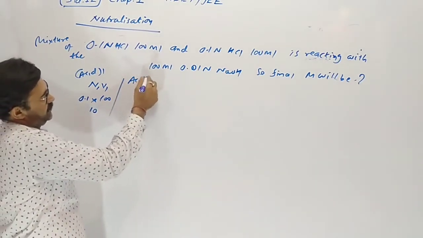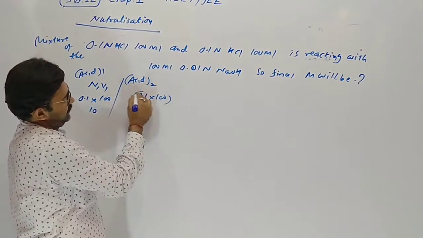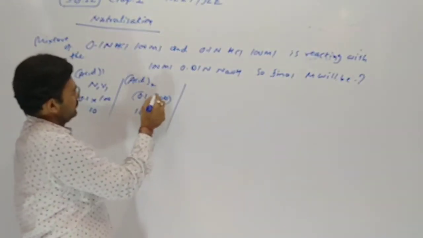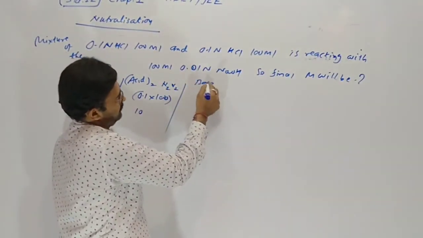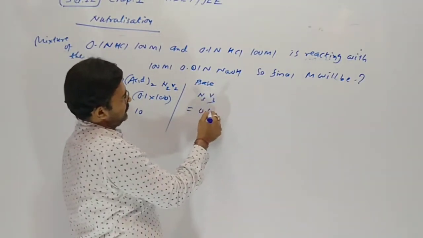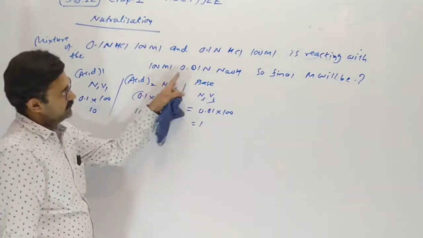For acid 2, N2V2 is 0.1 into 100, which is also 10. For base, N3V3 is 0.01 into 100, so 1.